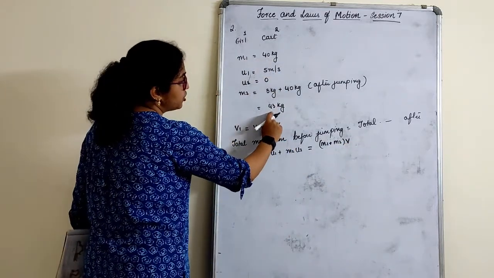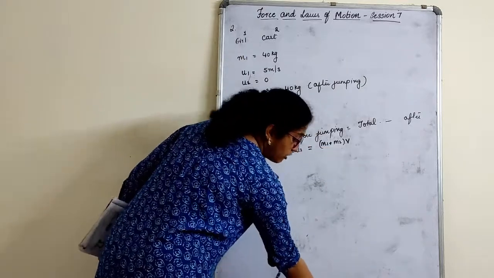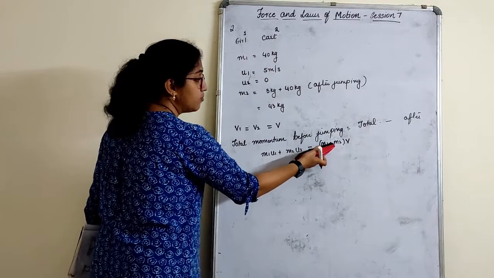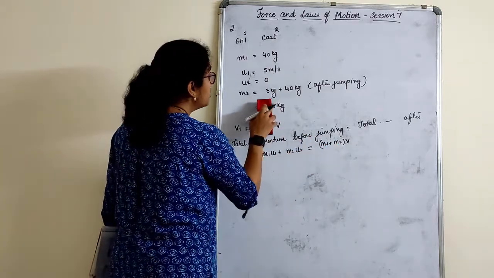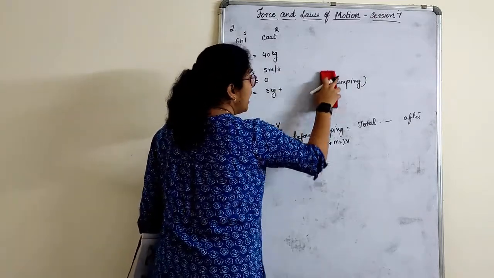Actually I need not mention 43 here as of now, because anyhow that gets added up. If I write 43, you will get confused again and make it 3 plus 43. Anyhow we are adding, so we will take this as 3 kg only after jumping.